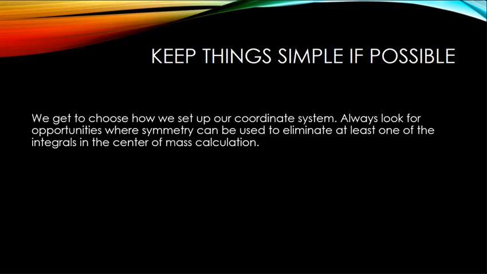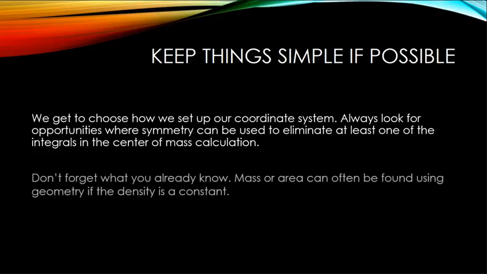We get to choose how to set up our coordinate system. So we always want to look for opportunities where symmetry can be used to eliminate at least one of the integrals in the center of mass calculation. And don't forget what you already know. Mass and area can often be found using simple geometric formulas if the density happens to be constant.